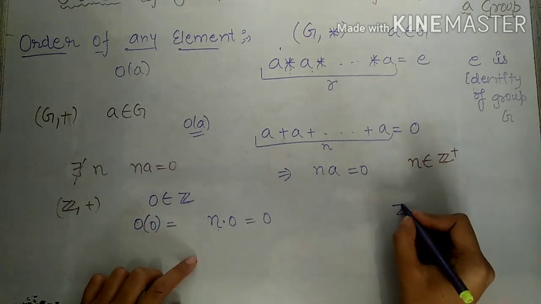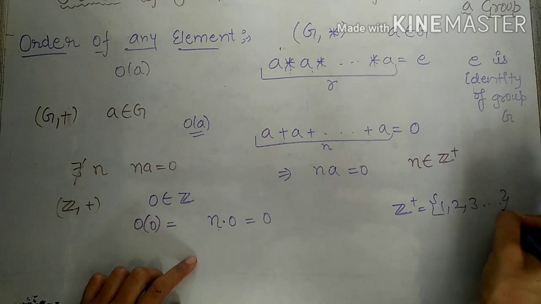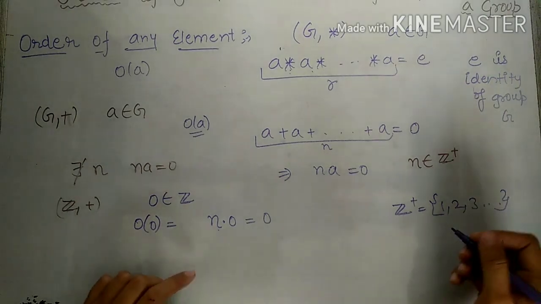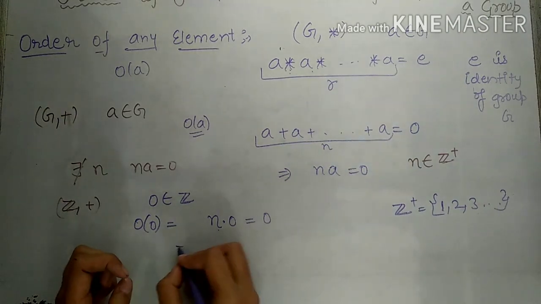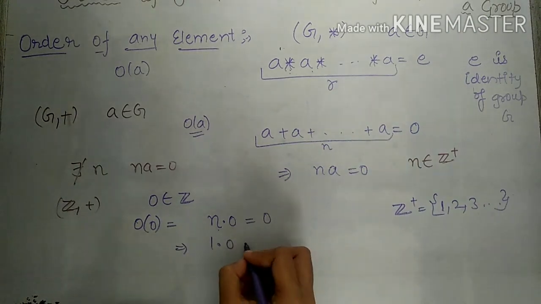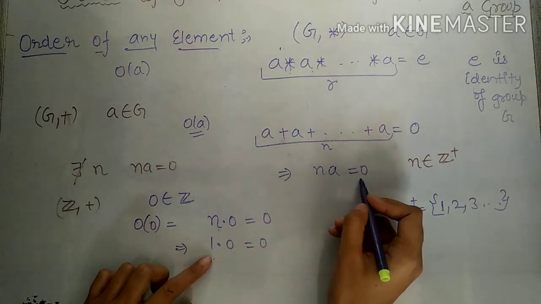We know the set of positive integers is like this. So if we start with the least positive integer, that is 1. If we take n to be 1, we know 1 into 0 is equal to 0. So it is satisfying this.